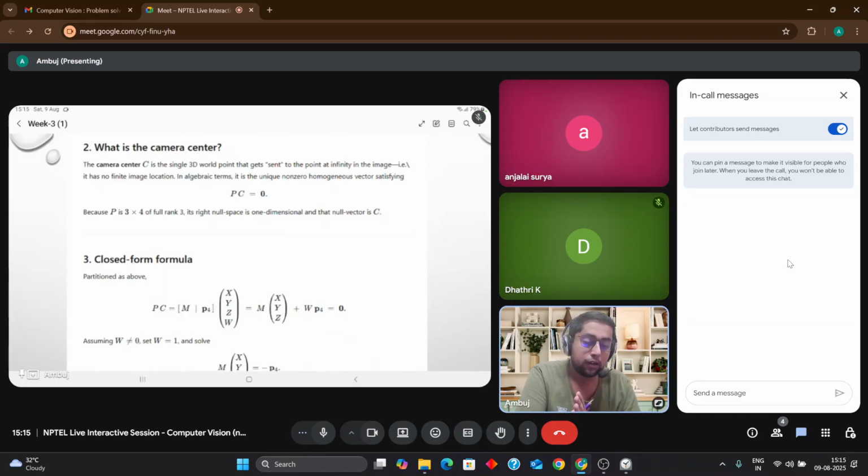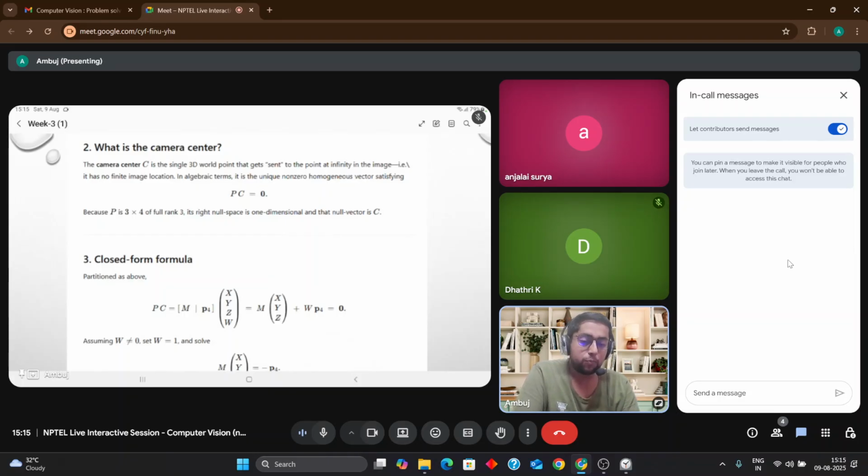It means that if you reduce the distance between the image and the camera to zero, then you won't be able to form any image, as written here in algebraic terms.